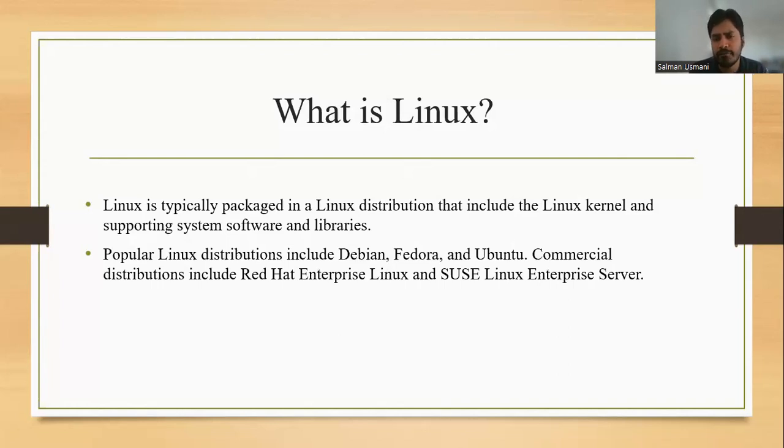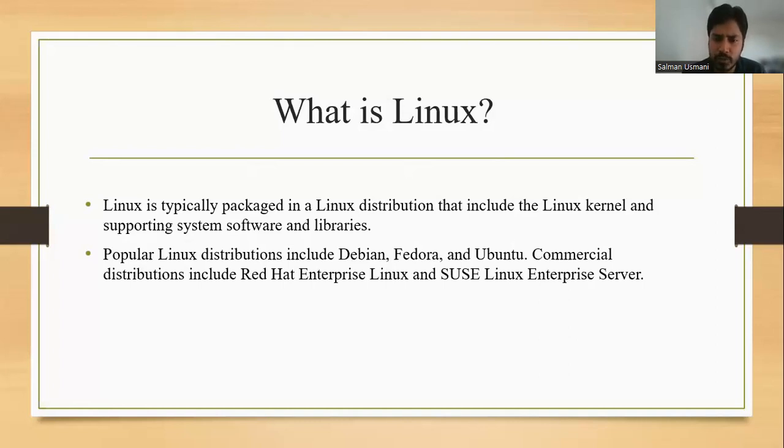The same picture applies to Linux. When you install Linux, you get some supporting software like LibreOffice and its own browser. Beyond that, you can install multiple other software afterwards. There are a lot of Linux-based distributions like Debian, Fedora, and Ubuntu. Kali Linux is another one.